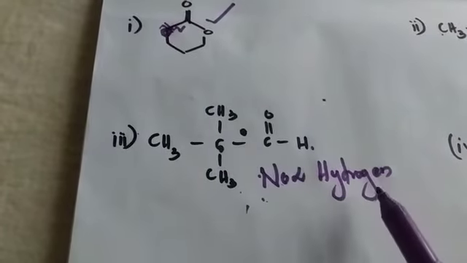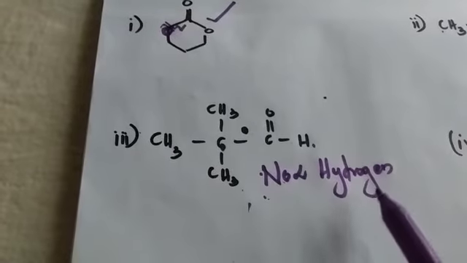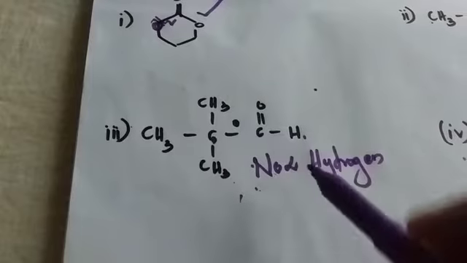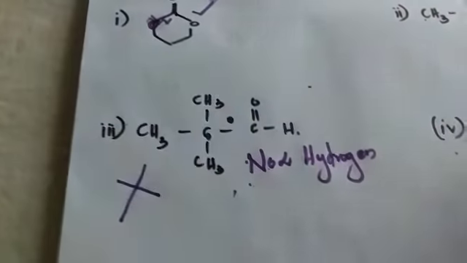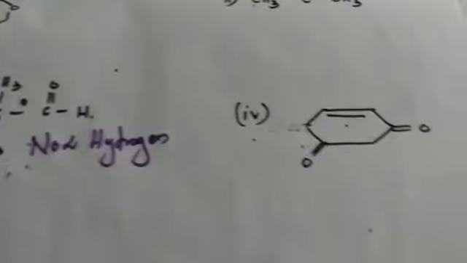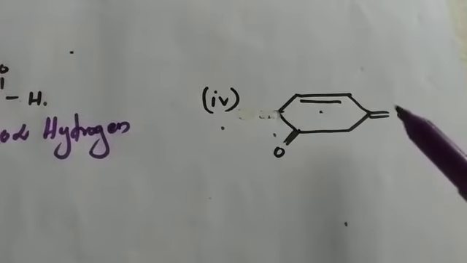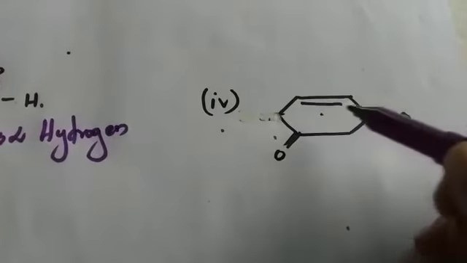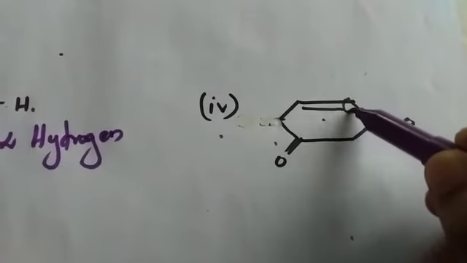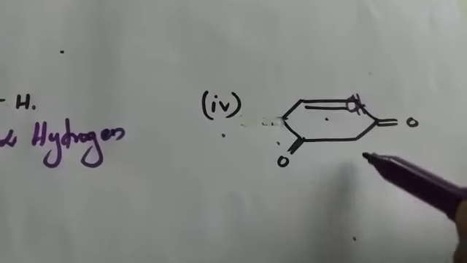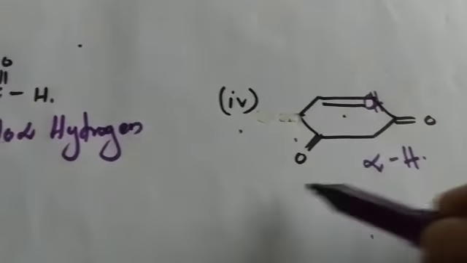Alpha hydrogen is a must for a compound to show tautomerism, so it will not show tautomerism. Now the last question: it has a carbonyl group, so it is a carbonyl compound. This is the alpha carbon and it has a hydrogen, so it will show tautomerism.